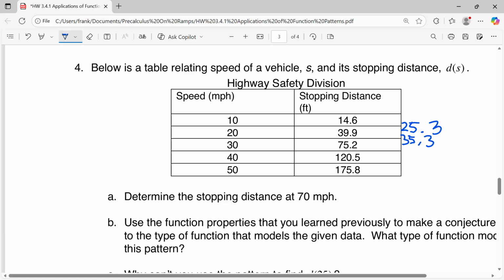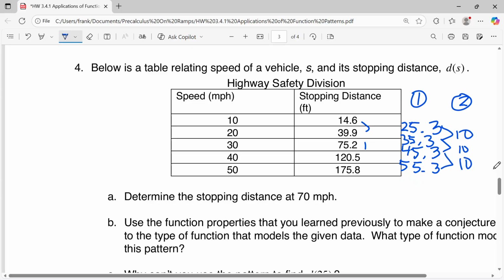And then the difference between 75.2 and 120.5 is 45.3. I guess this would be a calculator section, so you can just do these on a calculator. The difference between 120.5 and 175 is 55.3. So there's the first difference, and this isn't a linear function. There's not a common ratio between these, but if I look at the second difference, it's 10, 10, 10.